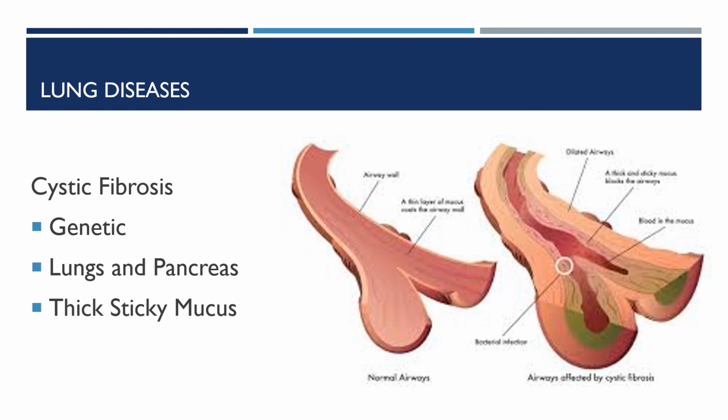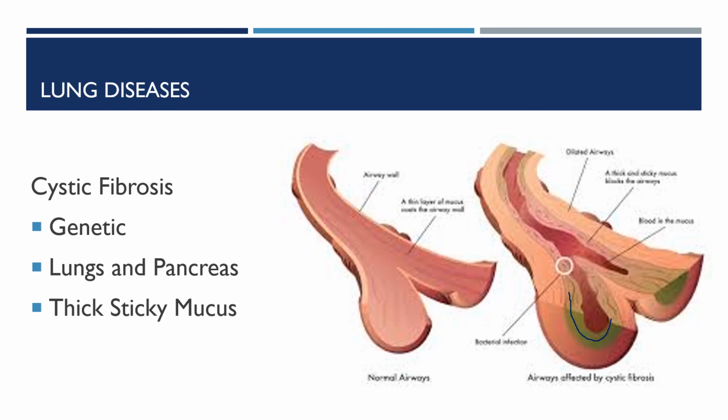And in this case, these people are missing the DNA that tells them to create certain enzymes in the body. And these are enzymes that are located in the lungs and in the pancreas. So what happens is, because they're lacking these enzymes, it allows mucus, excess mucus, to build up.